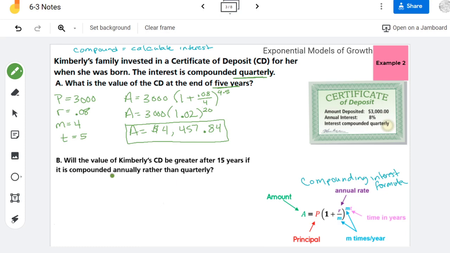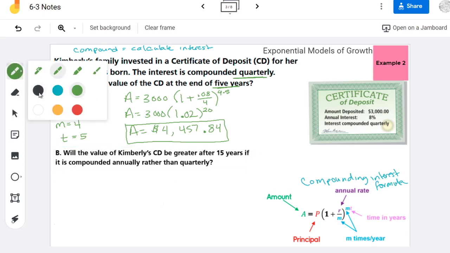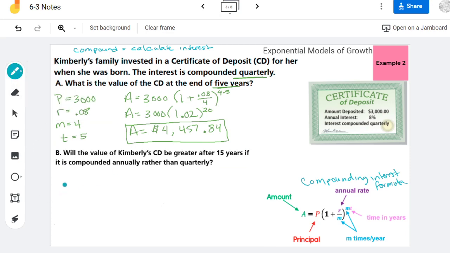Now they want us to do a comparison. We're going to have the same CD. It still has the principal amount of 3,000. It still has the rate of 8%.